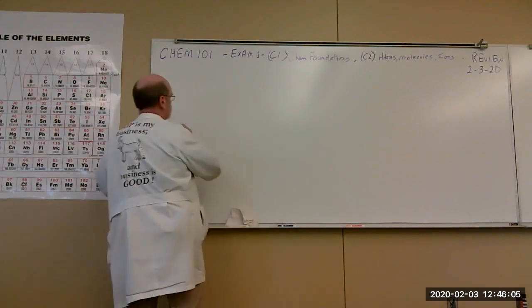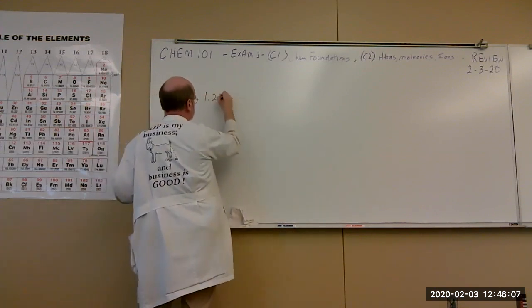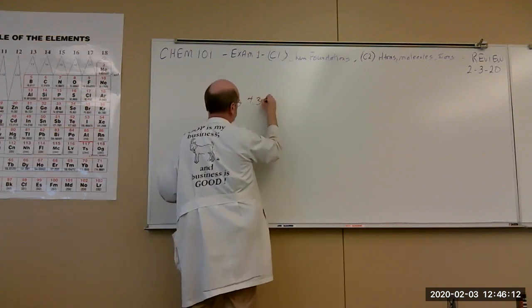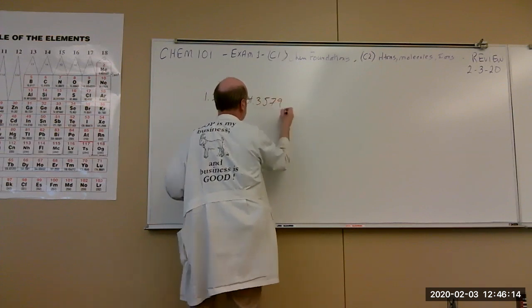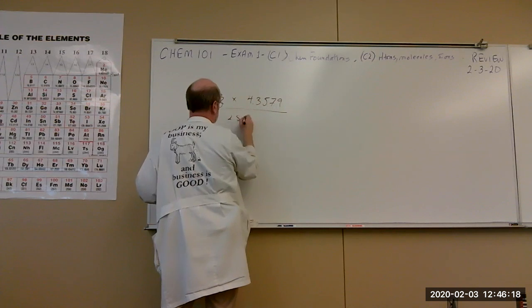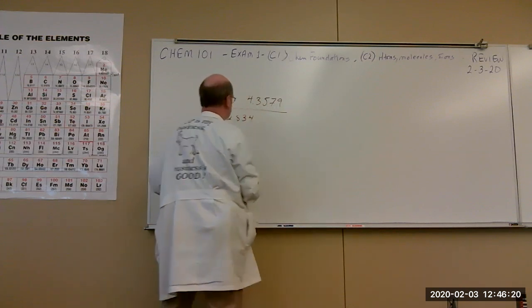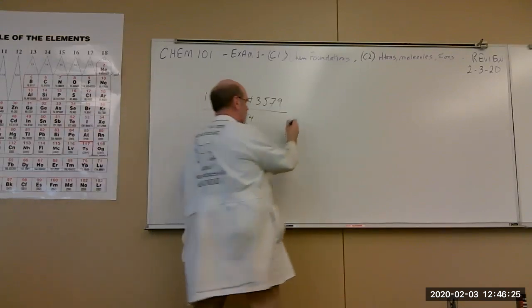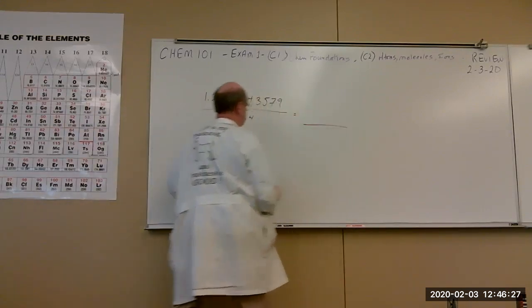Multiplication and division just says if you have a number like this times this divided by this, multiplication and division only, how many significant figures can you keep out here?